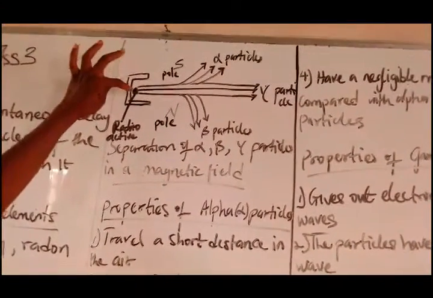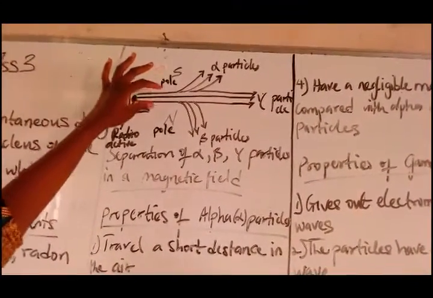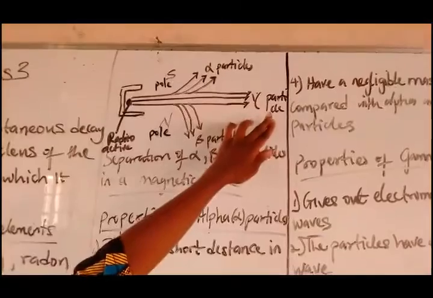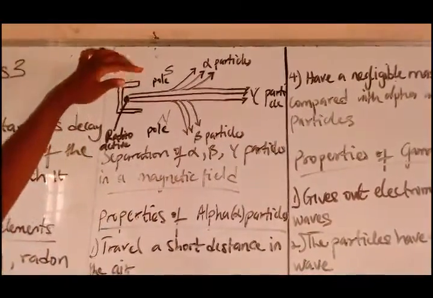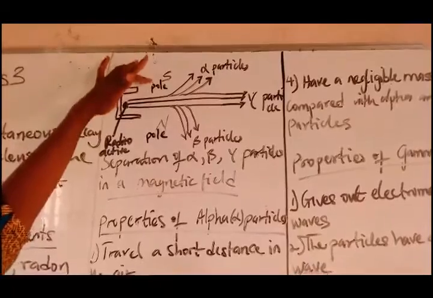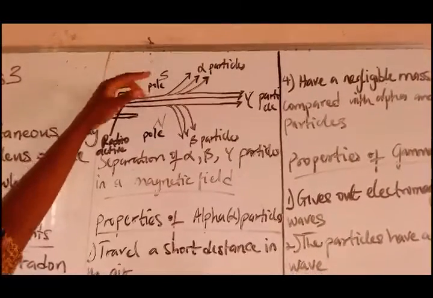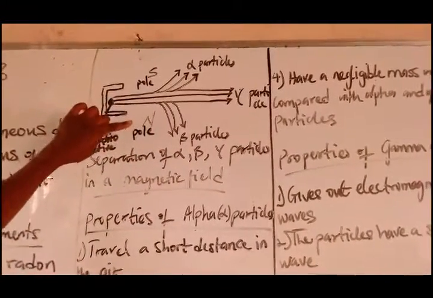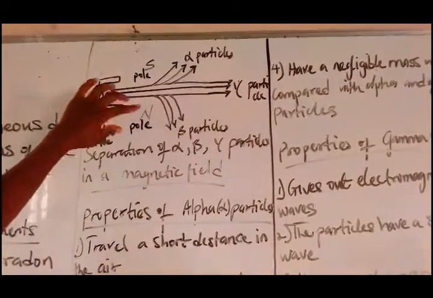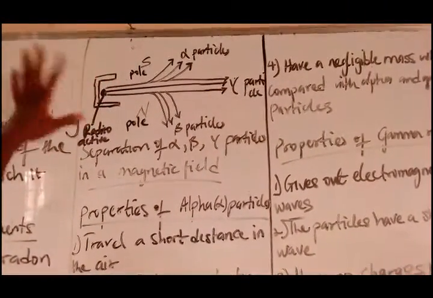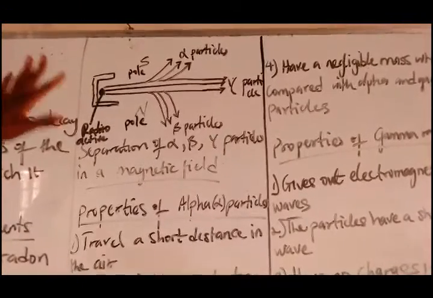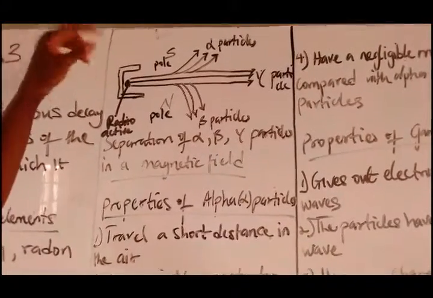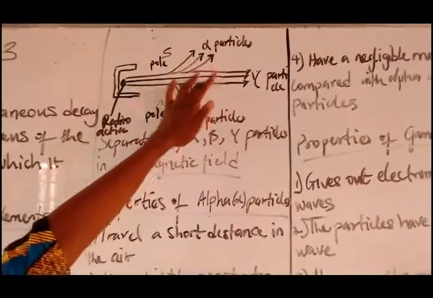You will find that the emitted particle that went straight is the gamma particle. You will see that the alpha particle was deflected to the south pole of the magnet, while the beta particle was deflected to the north pole of the magnet. So when you place a radioactive element in a magnetic or electric field, there's always a deflection, but it's only the gamma particle that is not deflected.